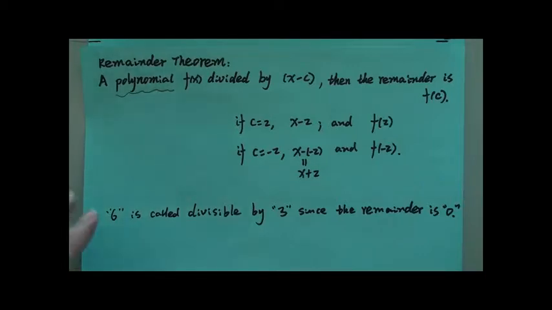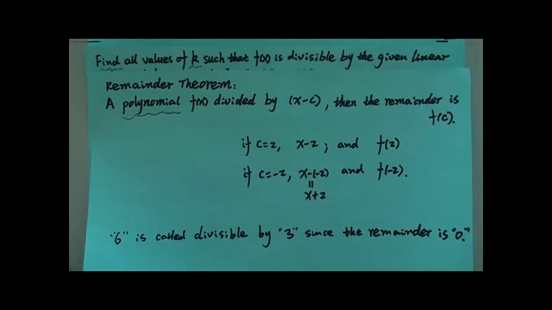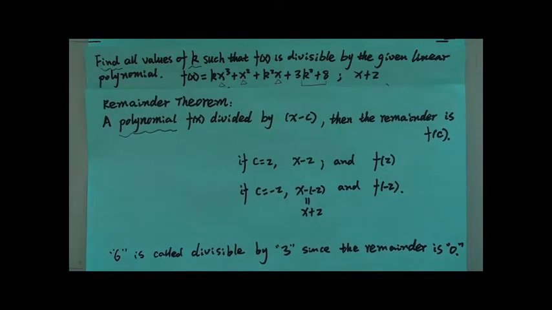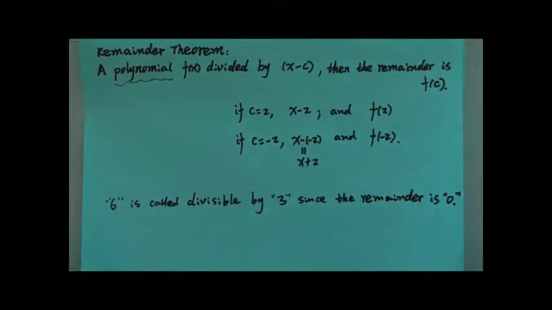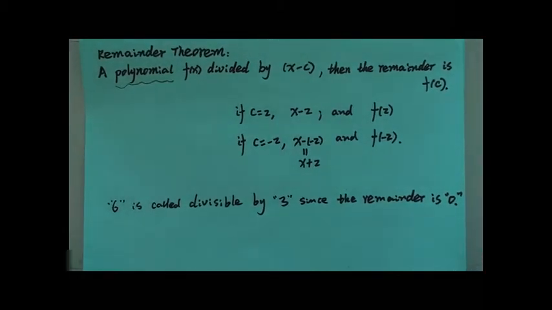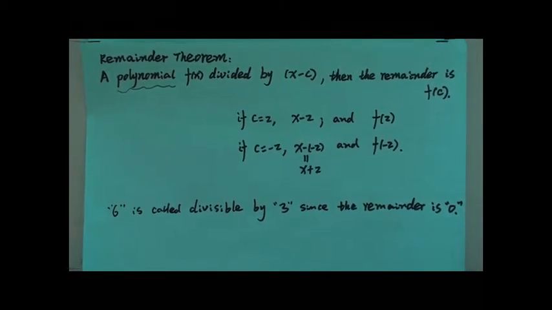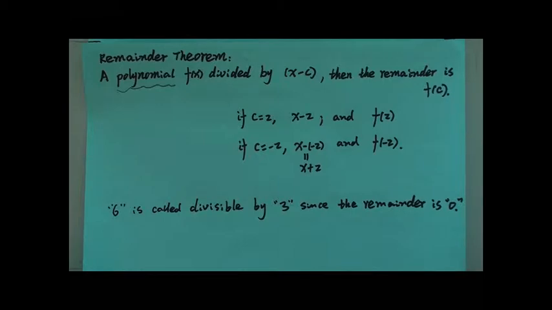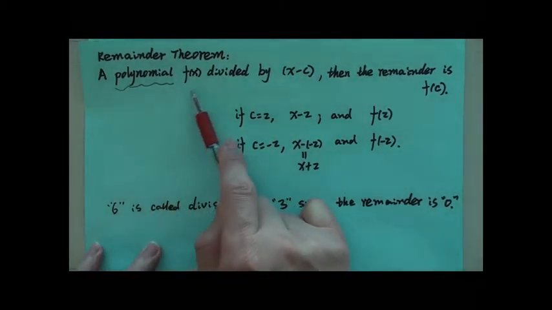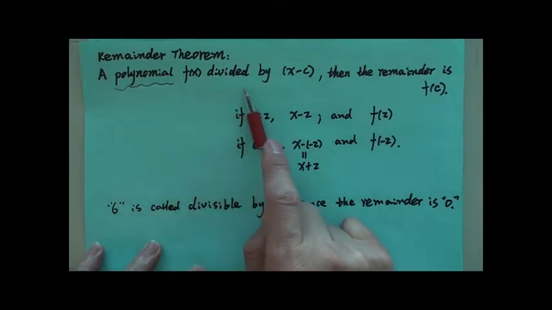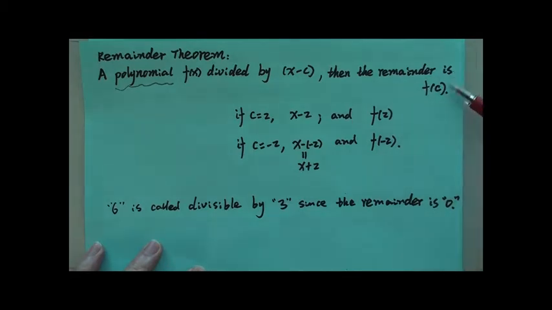In this lecture, we will talk about an example. This example is related to the remainder theorem. So let's recall what the remainder theorem means. The remainder theorem says that when a polynomial f of x is divided by x minus c, the remainder is f of c.